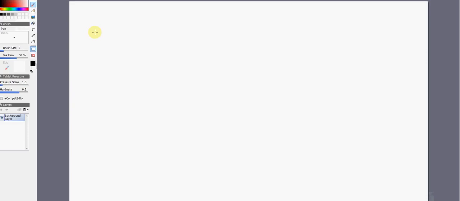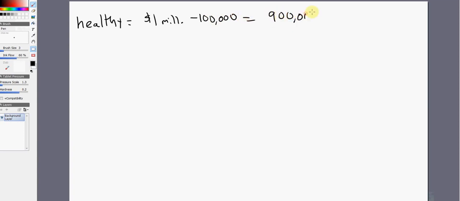What would be his expected utility? Okay, so we want to find the expected utility if the golfer were to get insurance coverage. So let's do the following. If the golfer is healthy, he's going to earn $1 million. But we're going to assume he bought an insurance policy that he paid $100,000 for, an actuarially fair policy. That would leave him at the end of the year at $900,000.